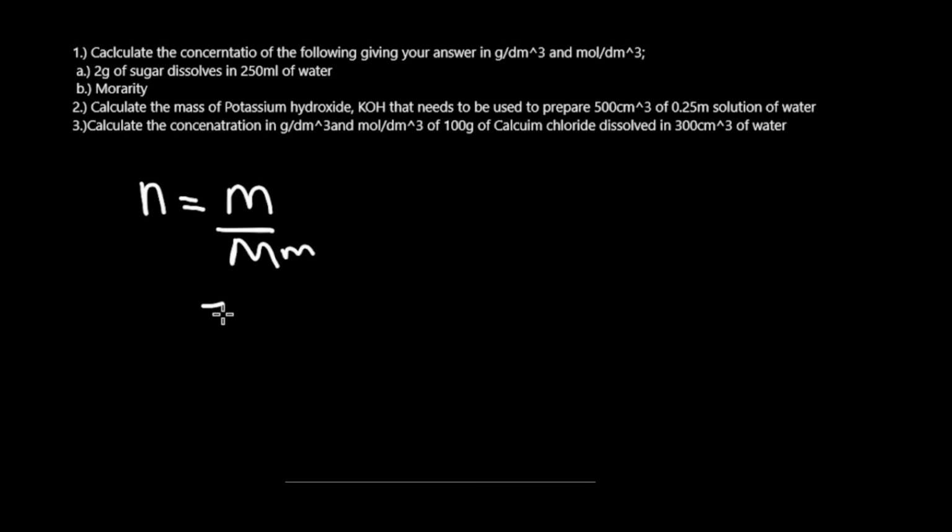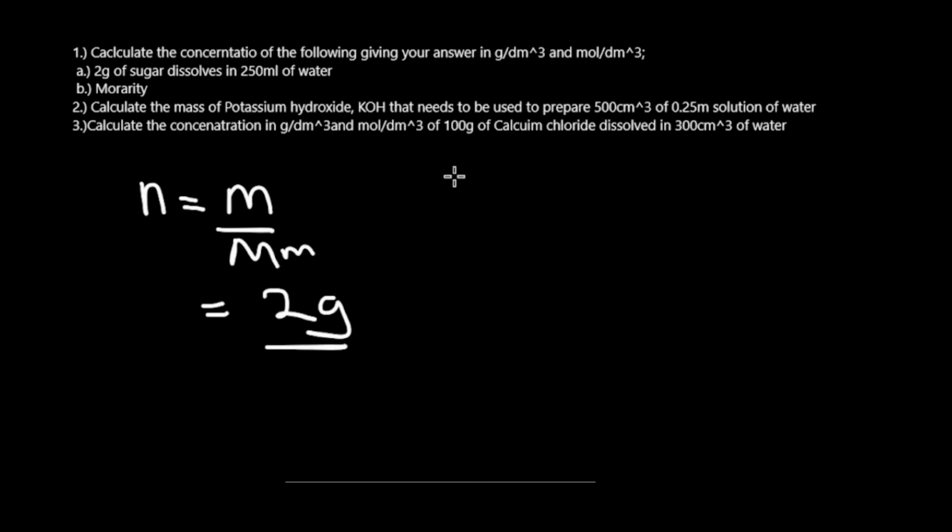So all this would be equal to, our mass given is 2 kilograms according to the question. Now what is our molar mass? We have to find the molar mass of sugar.